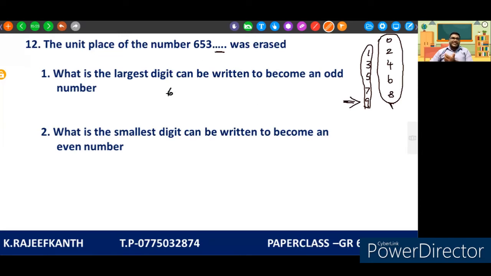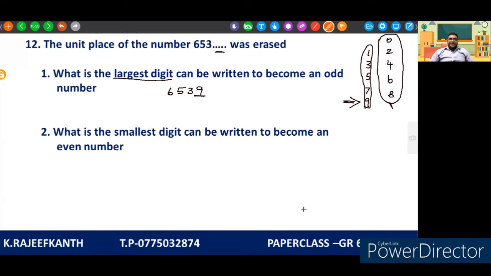If we write 6539, that is the highest odd number, because we can also write 6531, 6533, 6535, 6537 and 6539. The question is, what is the largest digit? So we have to write 9 in that blank.